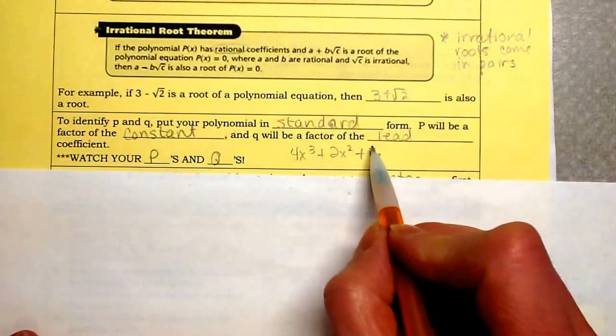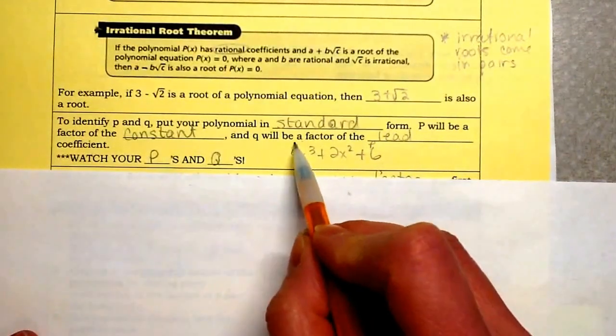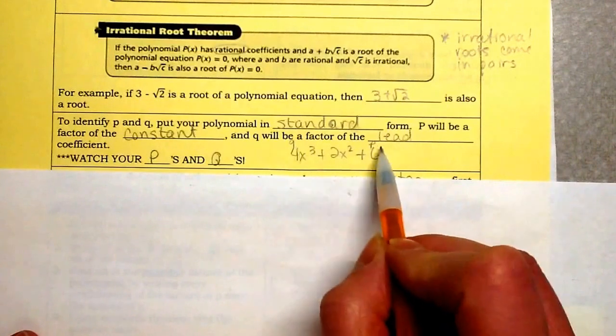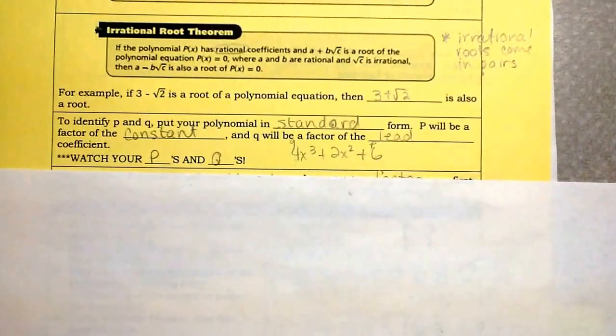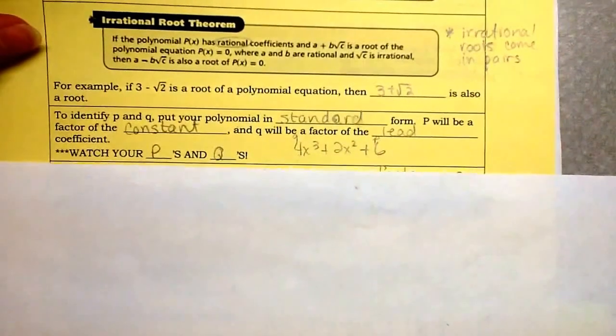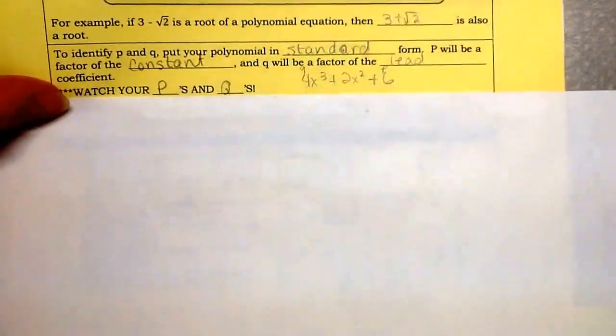P is at the end, because it's the constant, and q is the lead coefficient. Don't switch those two around or you're going to run into some trouble. If your mother has ever said watch your p's and q's, she meant mind your manners, but that's what you need to do when you're identifying p and q for a polynomial.